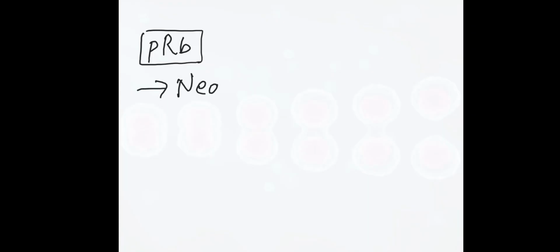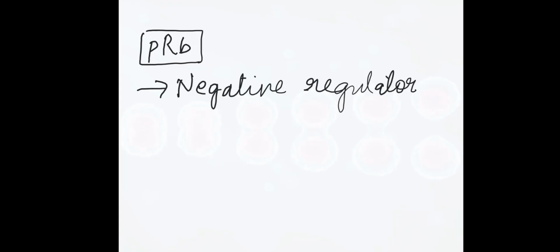So what about the function of pRB? pRB is a protein which is coded by the gene Rb. The protein encoded by this gene is a negative regulator of cell cycle.